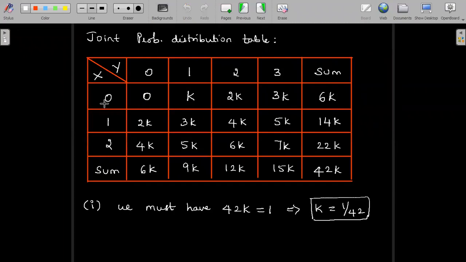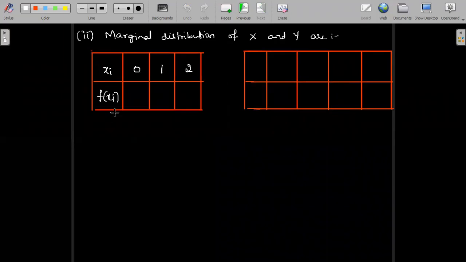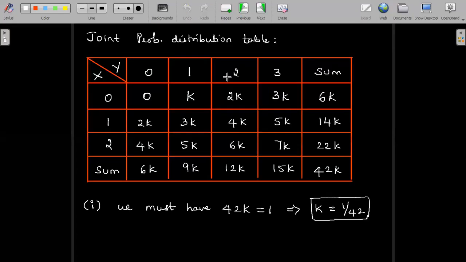So the sum for x equal to 0 is 6k, so 6 divided by 42. We can leave it as it is, or it's okay if we don't put it in the least fraction also.